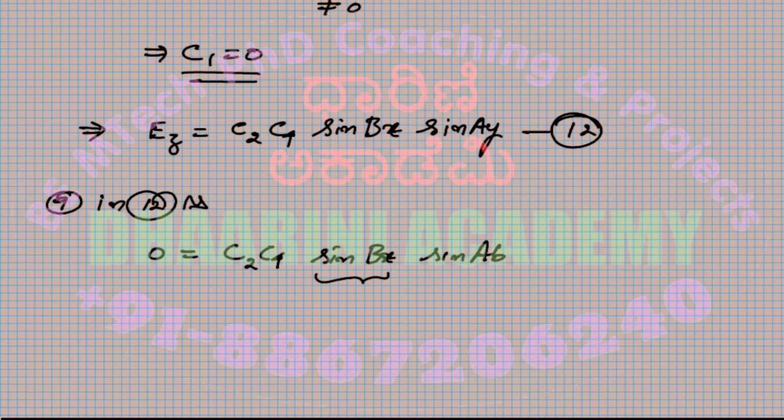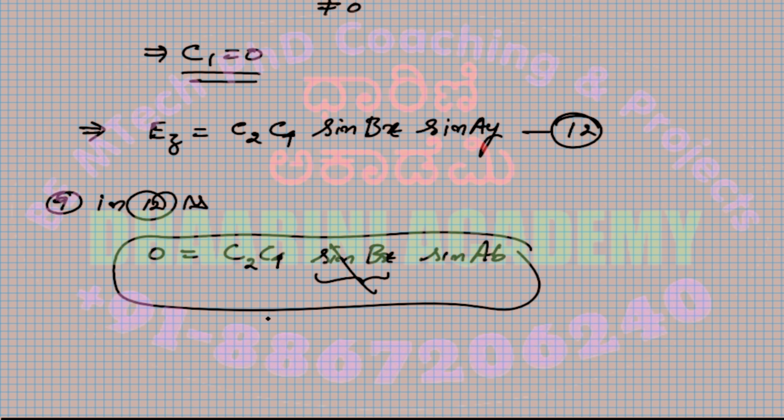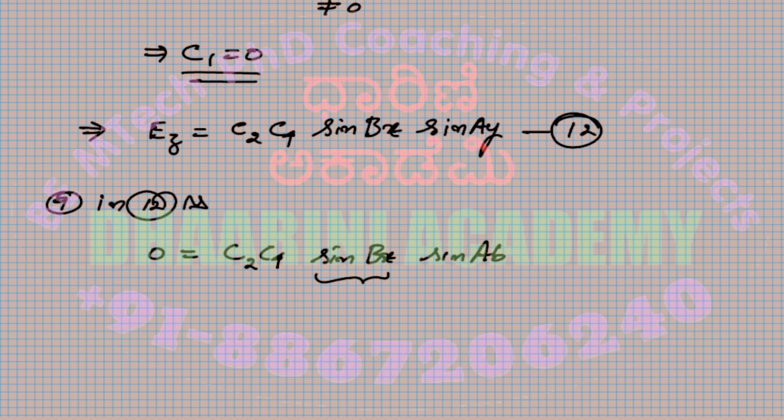Only at one point, x equal to 0, it will be 0, but at other values it's not 0. So this equation says that always this is 0, correct? That means this is not 0, right? So are you getting that point? Yes. Okay. So I'll write this as not equal to 0.